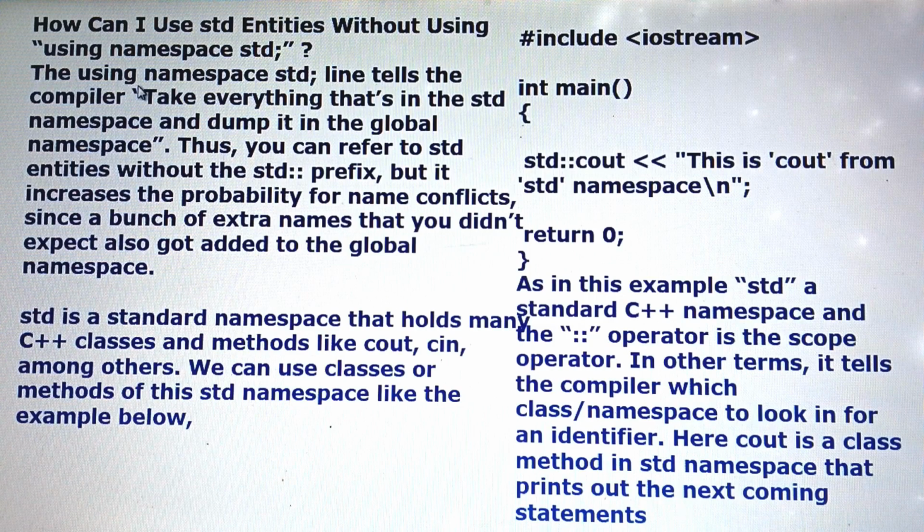See, the using namespace std line tells the compiler to take everything that is in the std namespace and dump it into the global namespace. Thus, we can refer to std entities without the std scope resolution operator. But it increases the probability of name conflicts, since a bunch of extra names that you do not expect got added to the global namespace.